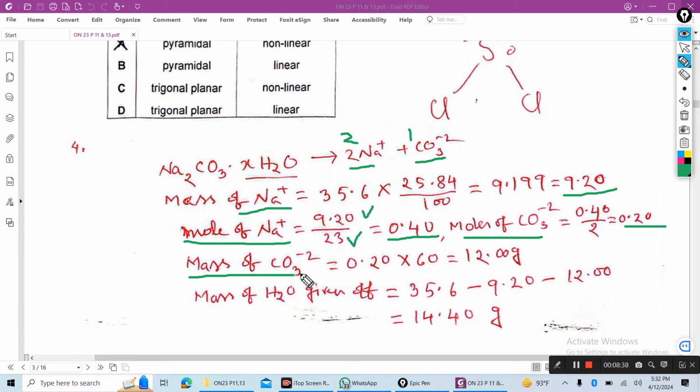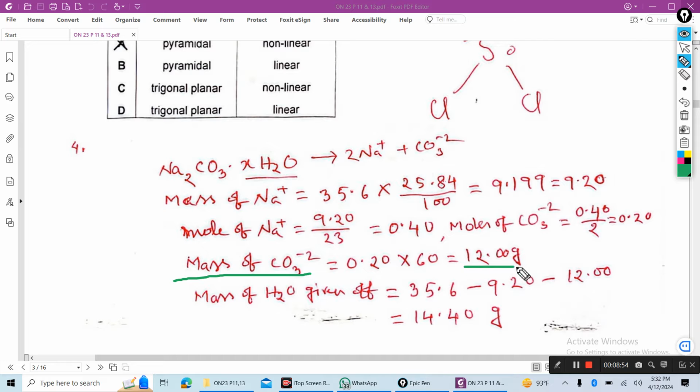Now the mass of carbonate ion is number of moles times molar mass. Carbonate is 12 plus oxygen 16 times 3, total 60. So the mass of carbonate ion is 12 gram.